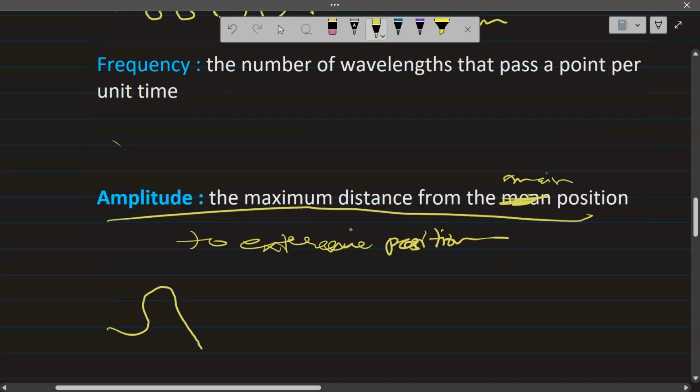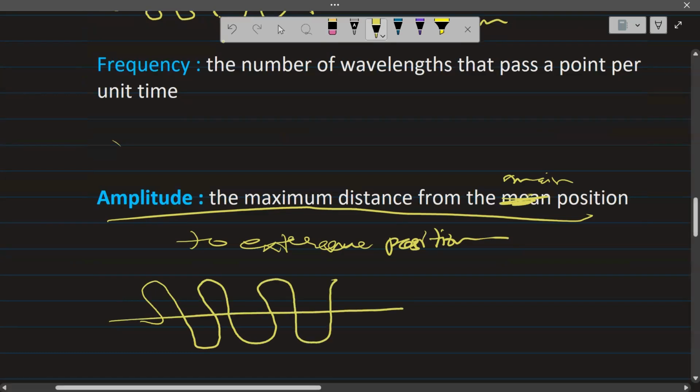My drawing is a little bit weird, but if you can see this crest to the middle, the distance is, for example, two, and from the middle to the top, let's suppose it's two. So if you add them it's four. This is the amplitude, for example.